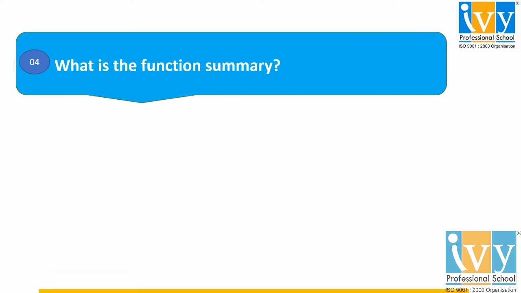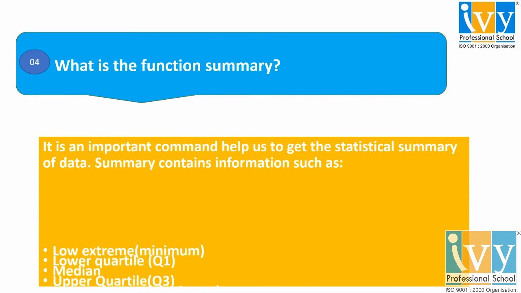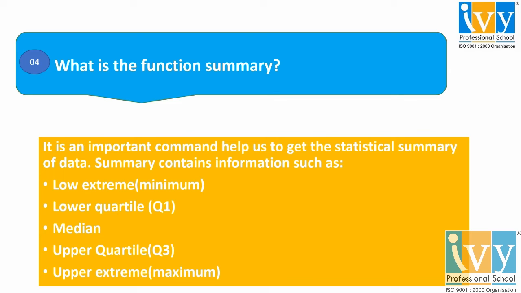What is the function summary? The function summary is an important command that helps us to get the statistical summary of data. Summary contains information such as the lower extreme, that is the minimum, the lower quartile, Q1, the median, the upper quartile, Q3, and the upper extreme, that is the maximum value.